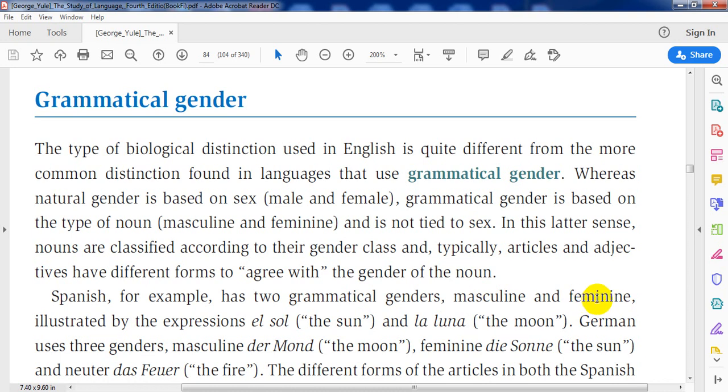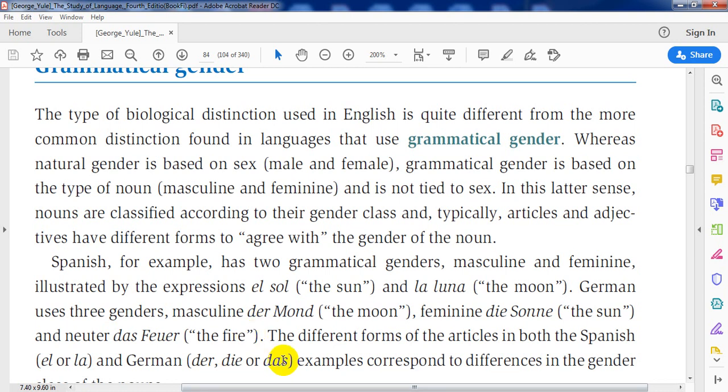In English it may be different. So every single language has its way of describing things as masculine and feminine. And actually in other languages, as we will see later, we have a neutral reference.